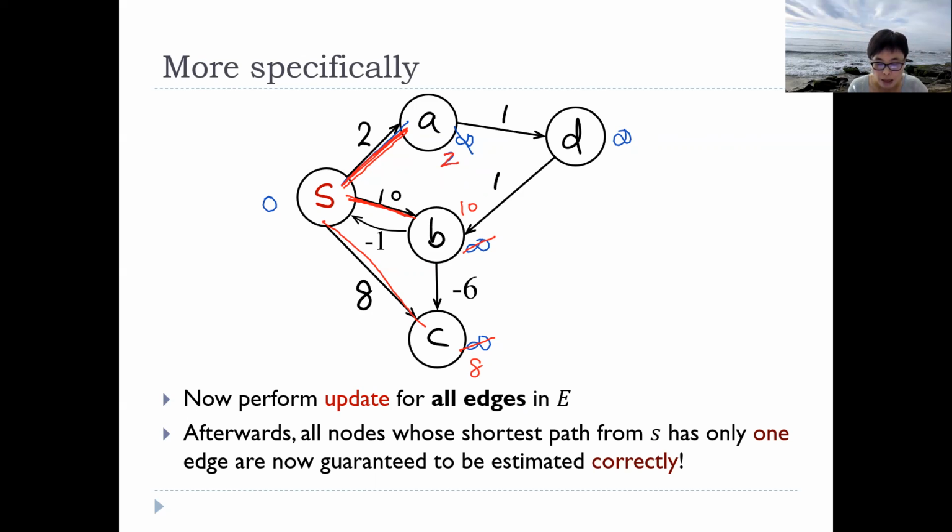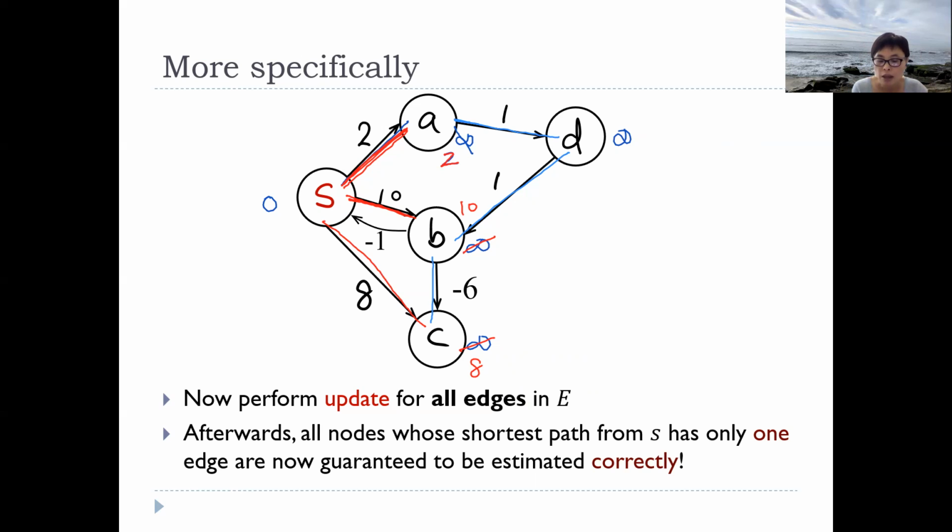In fact, let's assume that the order is that I first do the update on edges AD, DB, and BC before I do the update on SA, SB, SC. The order doesn't matter. I'm using a specific order just to make this more interesting.